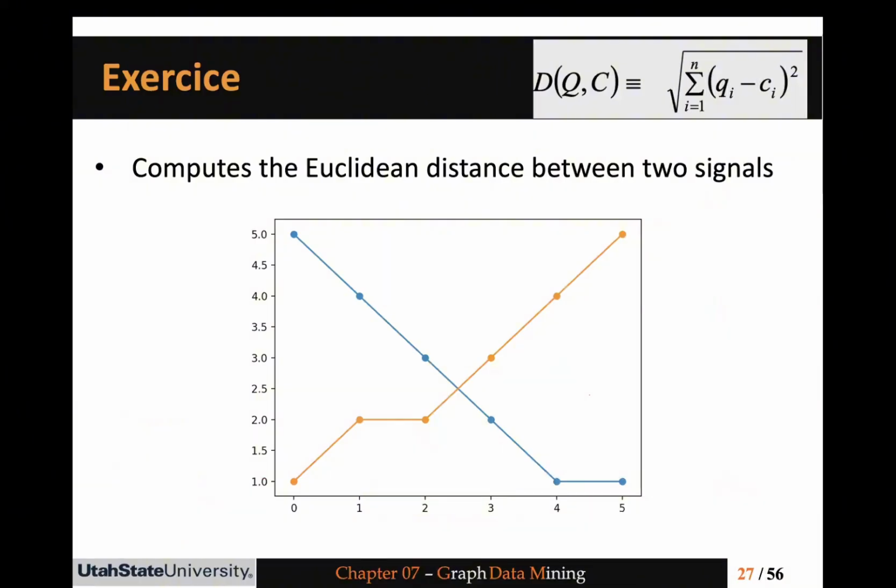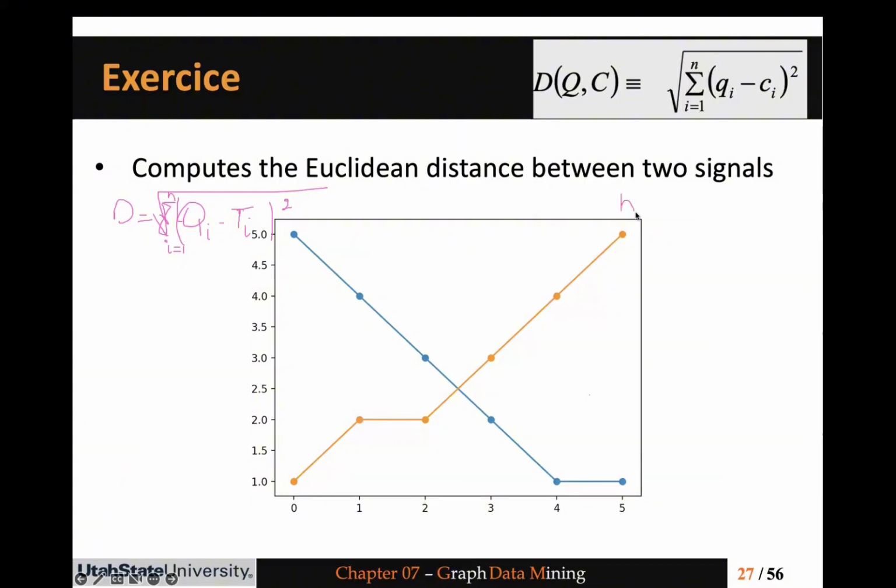So if you do the math here, it should be around 6.86. I've already pre-computed this for you, but the idea is that you just follow the same formula that you have in the previous slide, which is essentially Qi minus Ti, squared, and the sum aggregation from i equals 1 all the way to n.